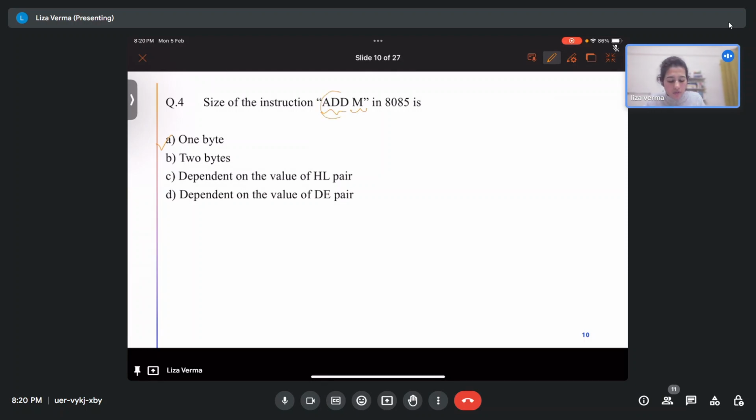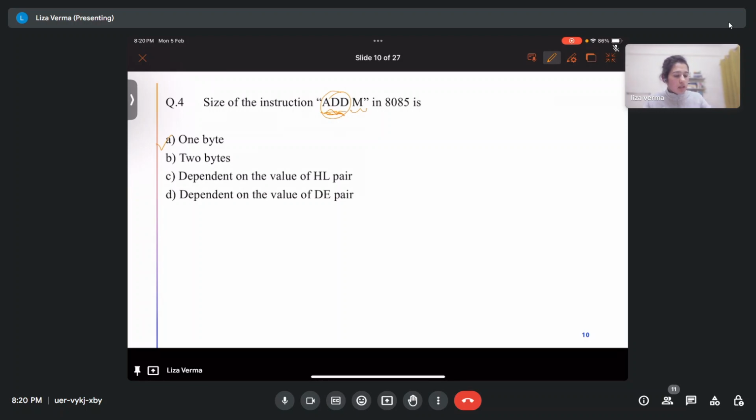Opcode and operand together are called the mnemonic, and this whole mnemonic has only one hex code.